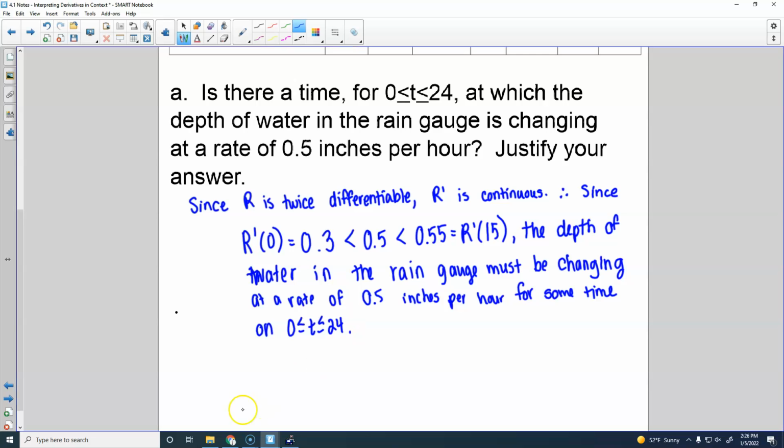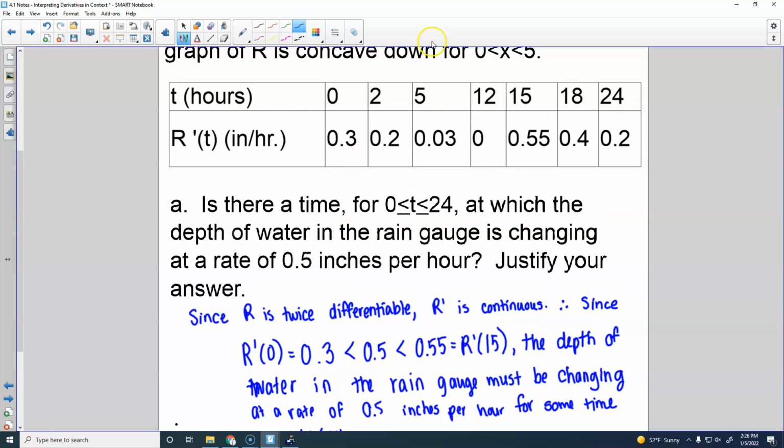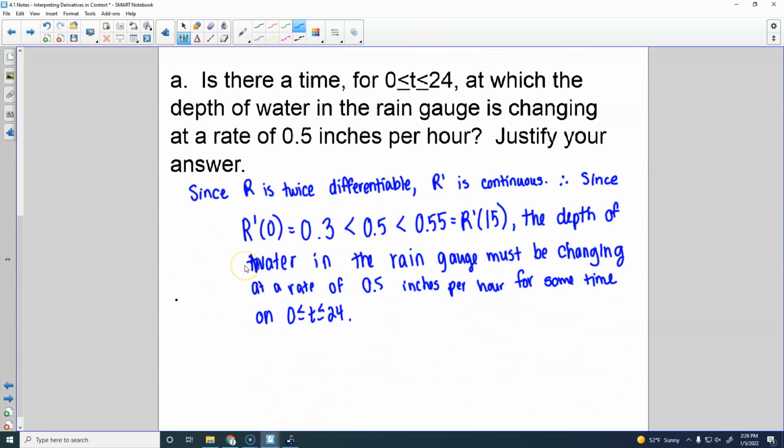And again, you could use something besides R prime of 0. You could use R prime of 2, 5, 12, 18, or 24 here, because all of those are less than 0.5. All right, questions?